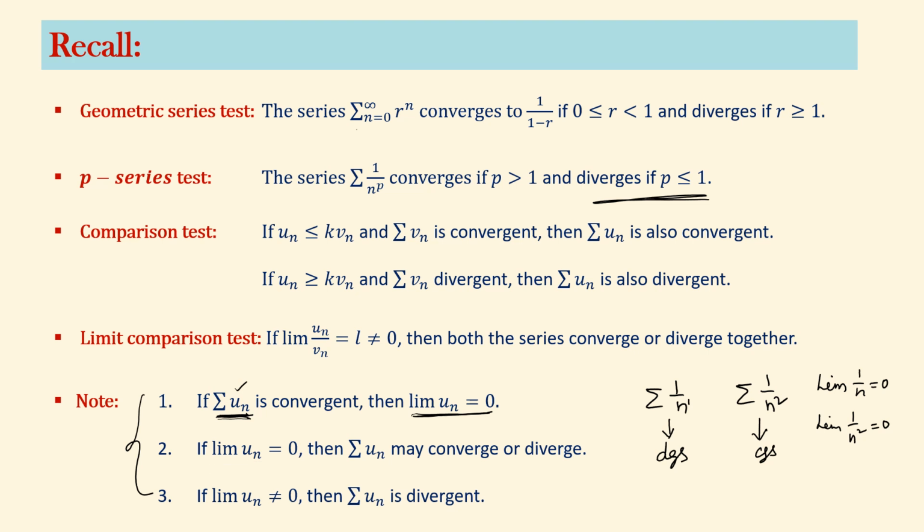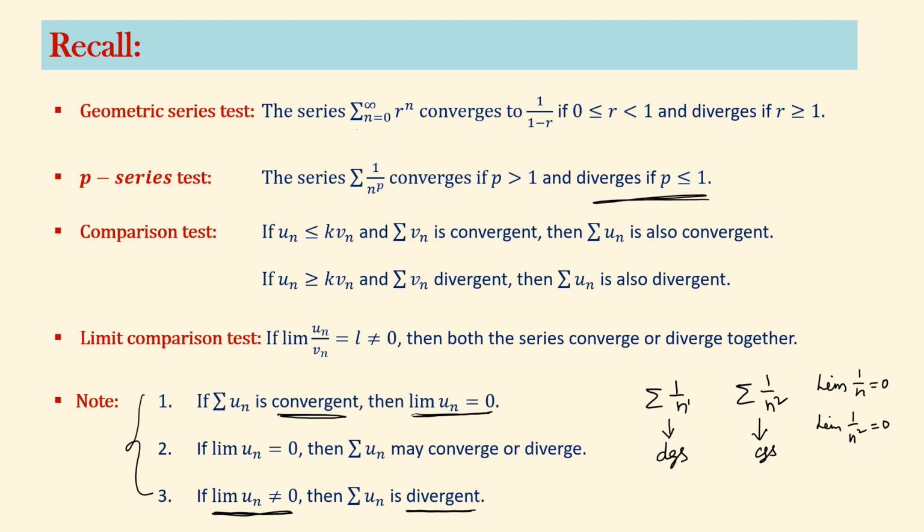But if the series is convergent, then the limit must be 0. The third point is, if the limit of un is not equal to 0, in that case summation un is divergent. It must be divergent.